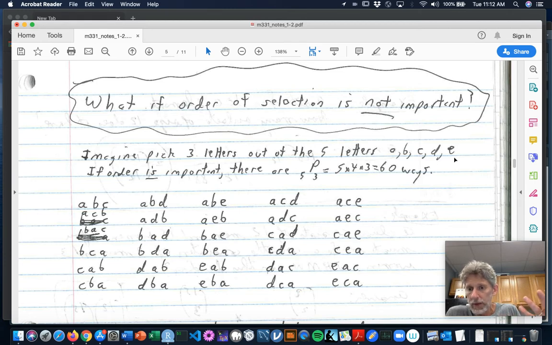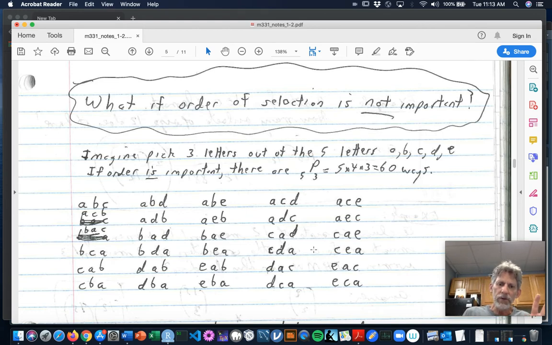Order's not important. And so you start thinking about it, you think, well, I don't even know how to do this where order is important. And in that case, there would be 5 times 4 times 3, the 60 ways to do it, like we thought about, permutations of 5 things taken 3 at a time.